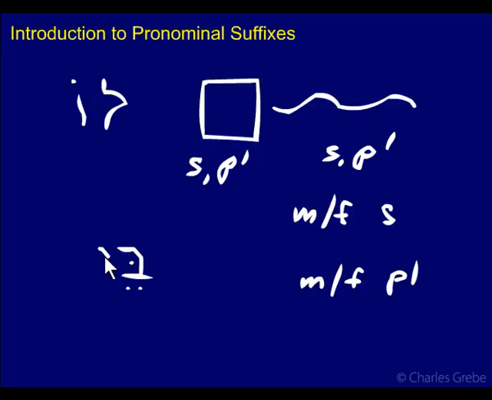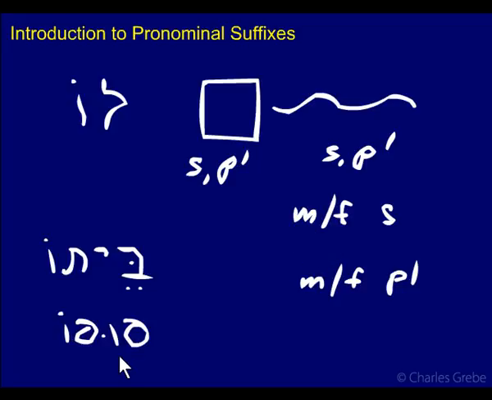Bait, beto meaning his house. So, similarly, we have suso. Suso would be his horse. And we'll use sus as our paradigm for the masculine nouns here anyway.